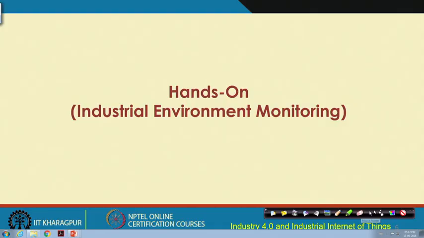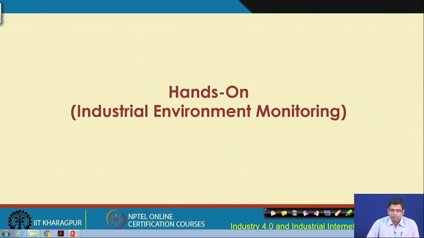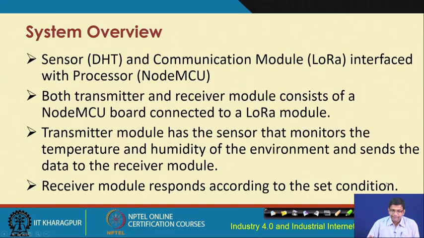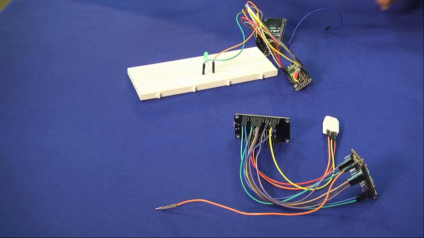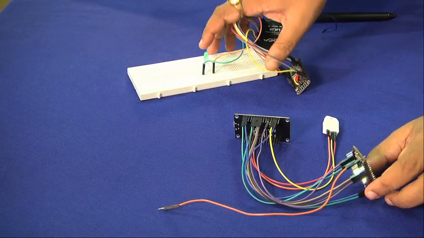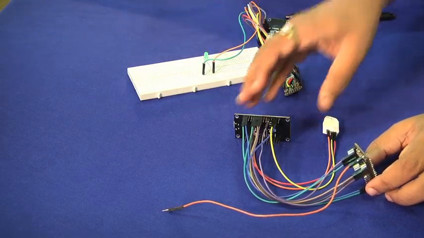Now, let us talk about how this communication happens. I am going to give you a demo of how communication happens with LoRa. Let us look at this setup here.